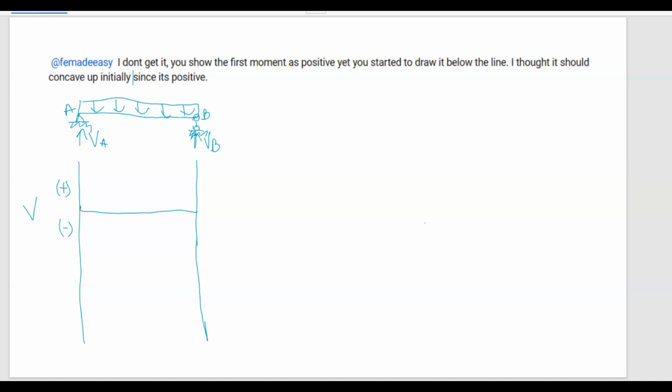We start at this point going up with the VA value, and then it's going to intersect right in the middle. And then we're going to go up with the VB value. And this is the positive side, and this is negative below the line. There you go. And now going to the moment diagram.